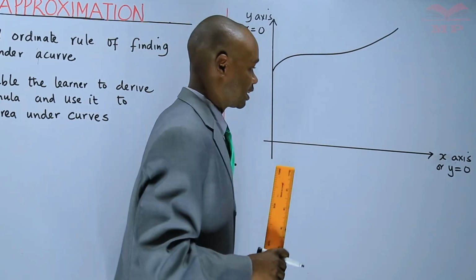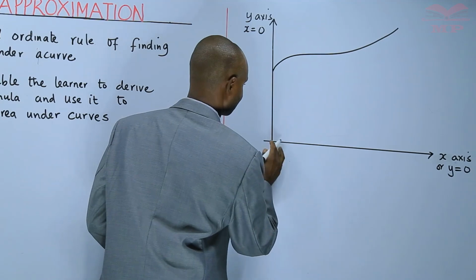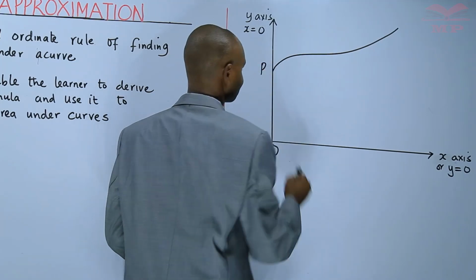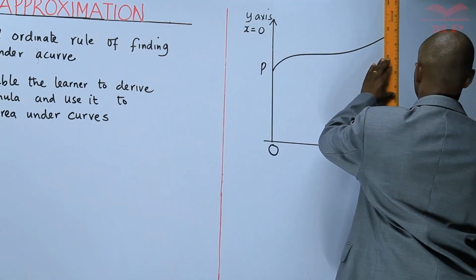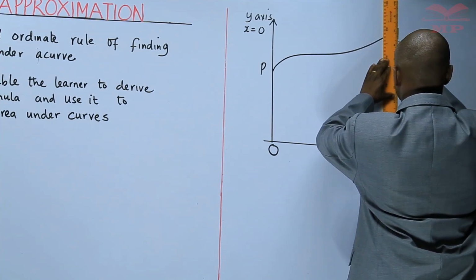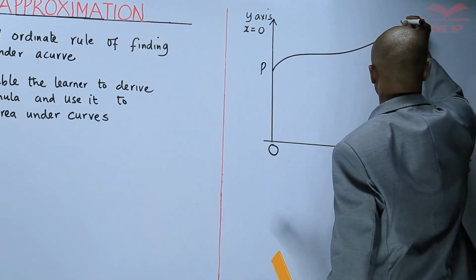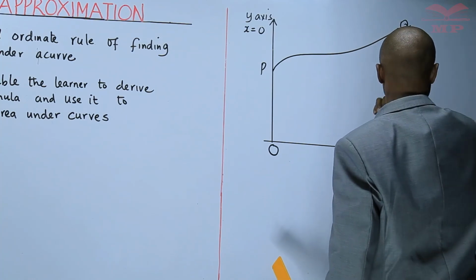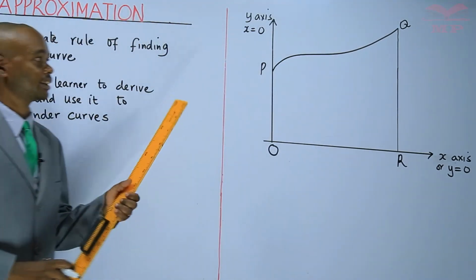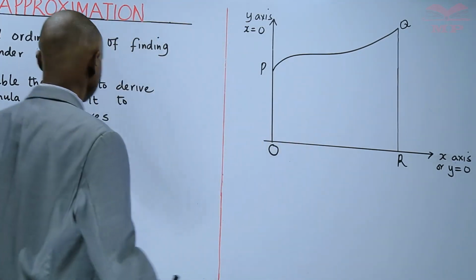To make it sound, we can have O, P, Q, R. So somebody can be interested to find that area.